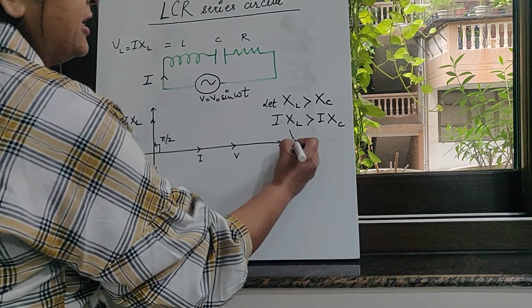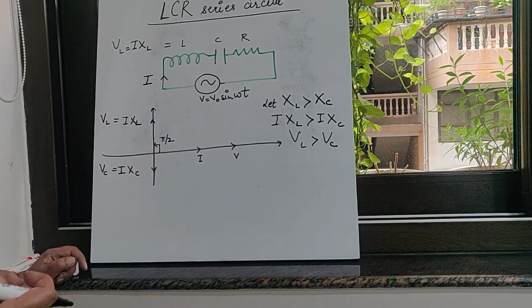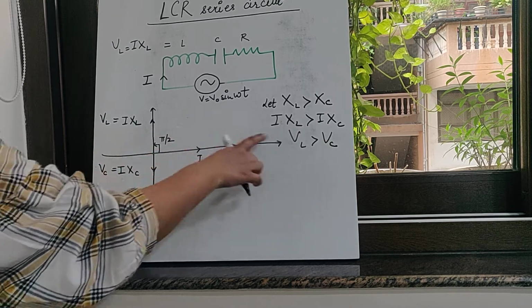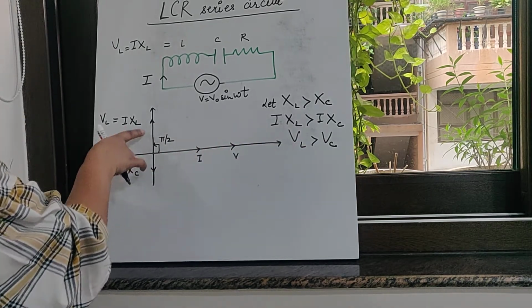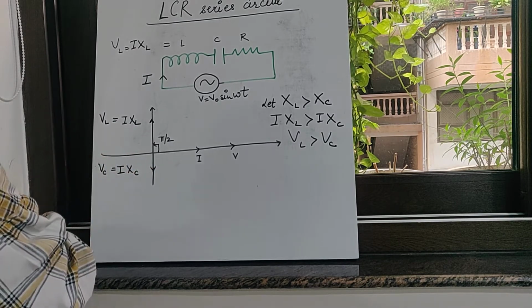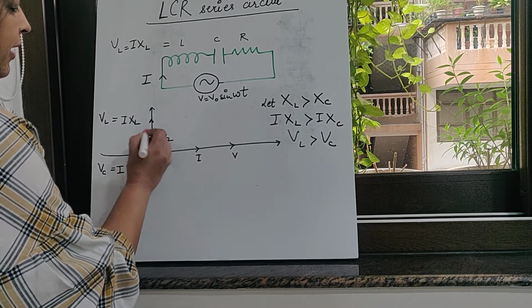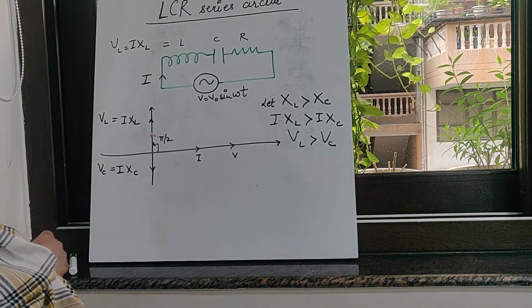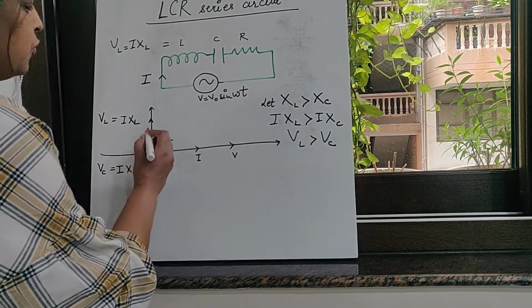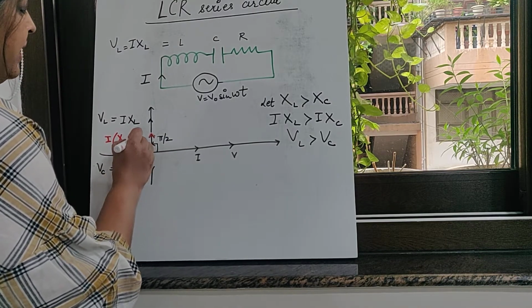That is, the voltage across the inductor will be greater than the voltage across the capacitor. These voltages are shown by two vectors drawn in opposite directions. So I will make another vector over here which is equal to I into XL minus XC.